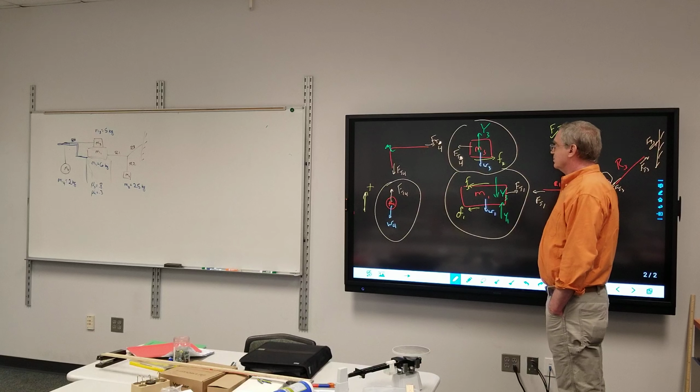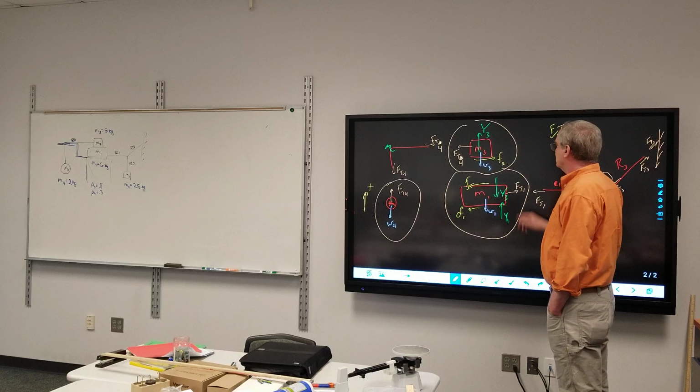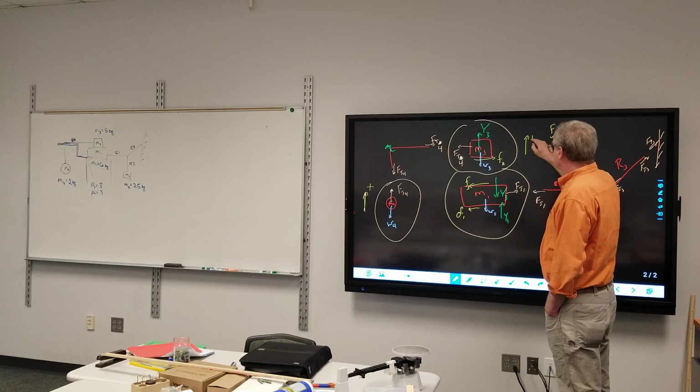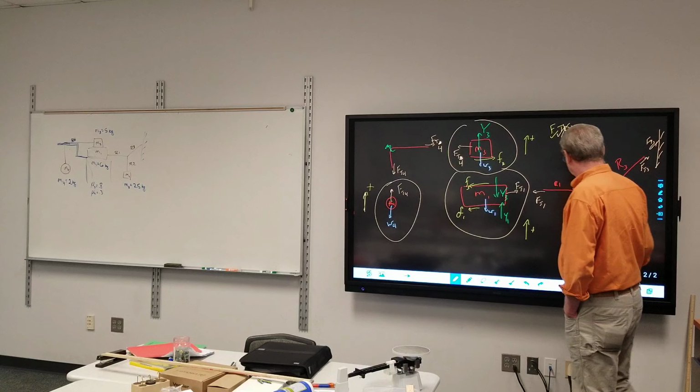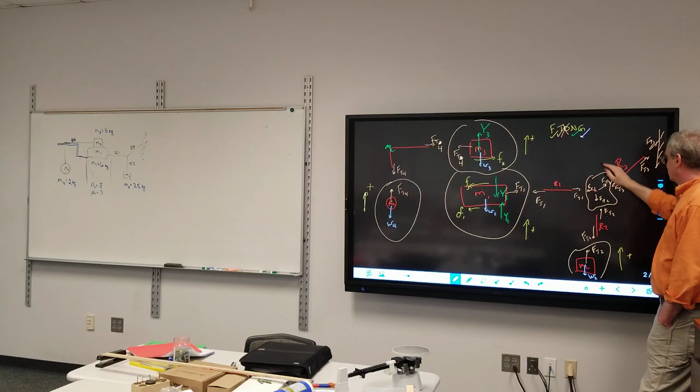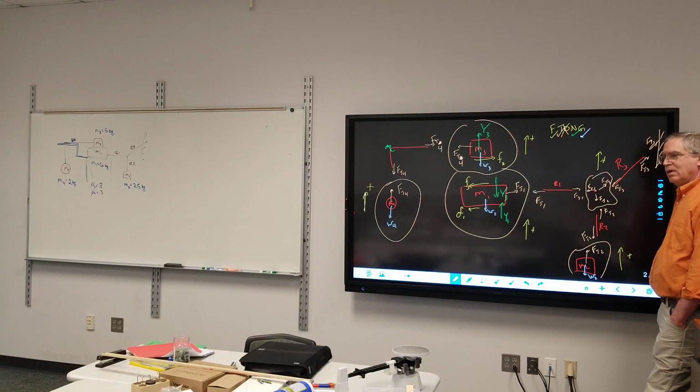For the whole thing, up is positive every single time. Do we need to choose a coordinate system for each of them, or can we say for this entire problem? In this particular case, choosing one for all of it works.